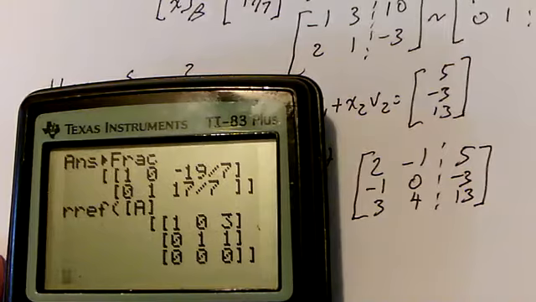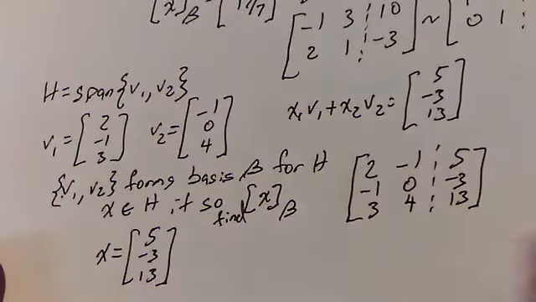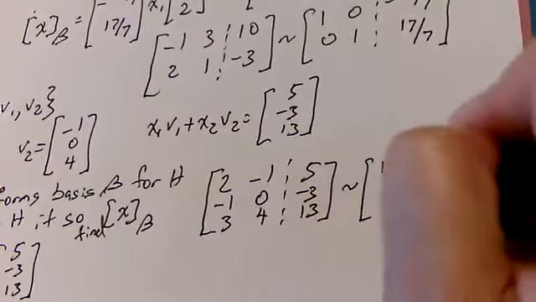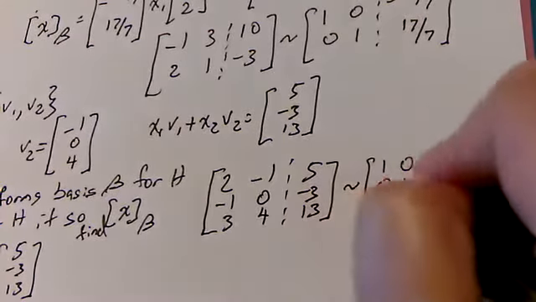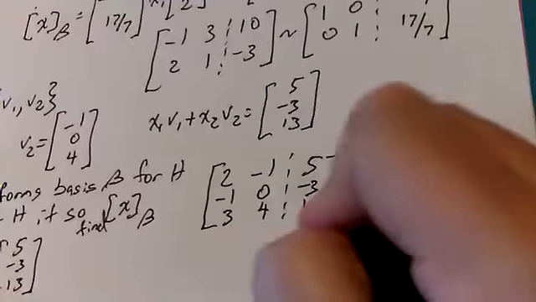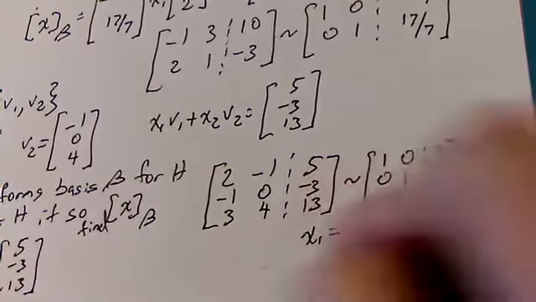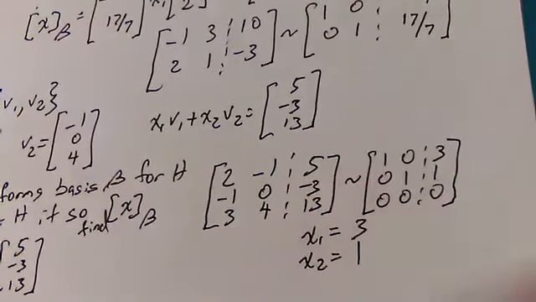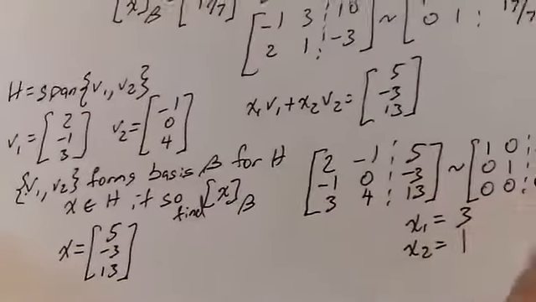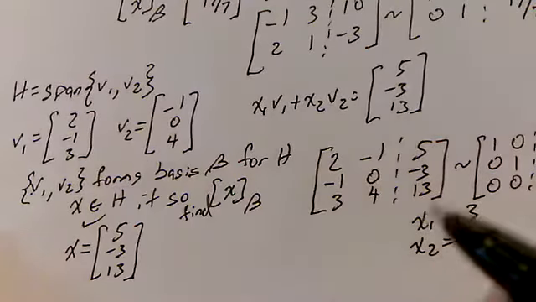We get that result: 1, 0, 3, and 0, 1, 1. Remember, this is augmented. So this tells us that x1 is equal to 3 and x2 is equal to 1. Okay, so it's consistent. So yes, x is in H.